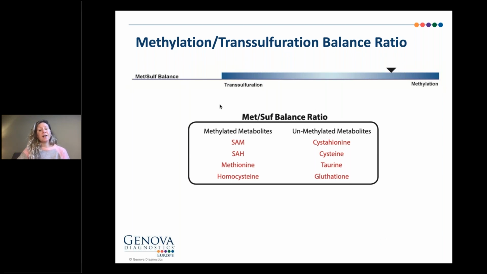You can see the ratios here in the middle that are used to compare the two sections, the methylated metabolites and the unmethylated metabolites.